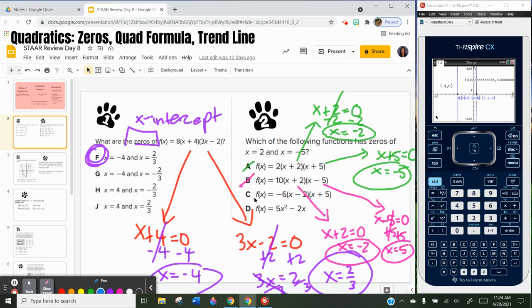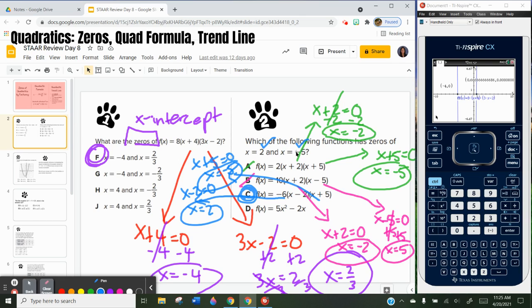So let's look at C. For C, we're going to set x minus 2 equal to 0, which would give you x is equal to 2. And then x plus 5 equal to 0, which would give you x equals -5. So the two solutions for C would be 2 and -5, which makes that the correct answer because we have a 2 and a -5.